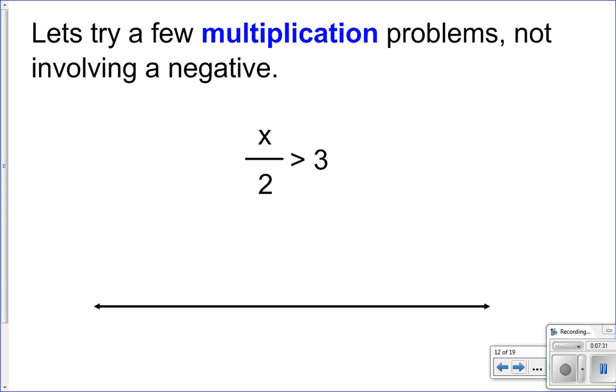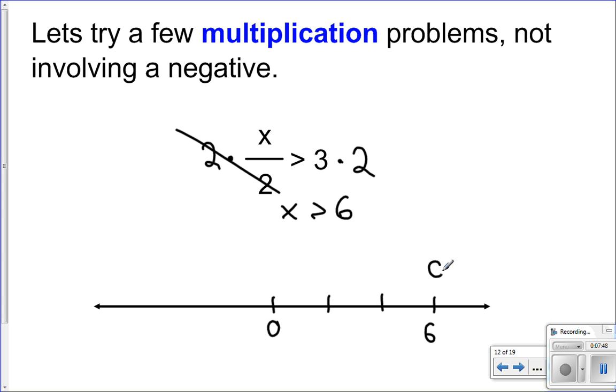So if x divided by 2 is greater than 3, if I multiply both sides by 2, I get x is greater than 6. 0, 2, 4, 6. x is greater than 6, so it's an open circle. Since it's greater than 6, it's everything larger than 6. So it's everything to the right on the number line.